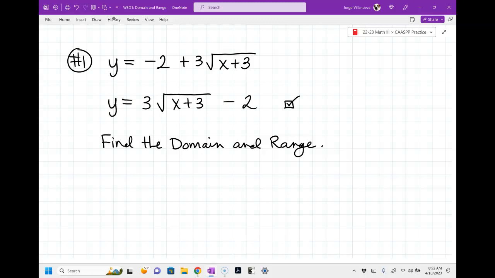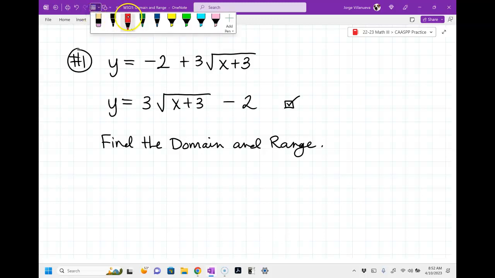Right now we'll do it, and then once we get that done, we'll move on to the rational functions. Just give you another 30 seconds.